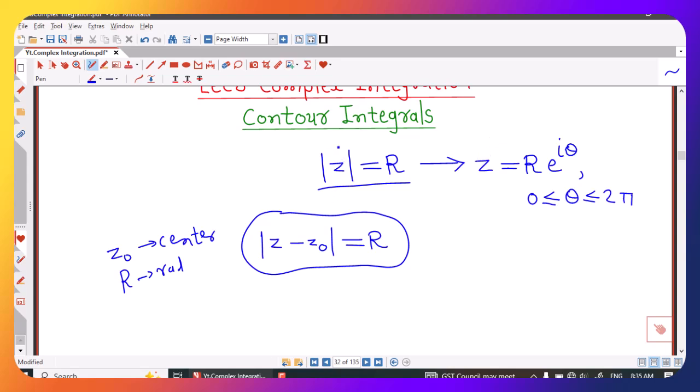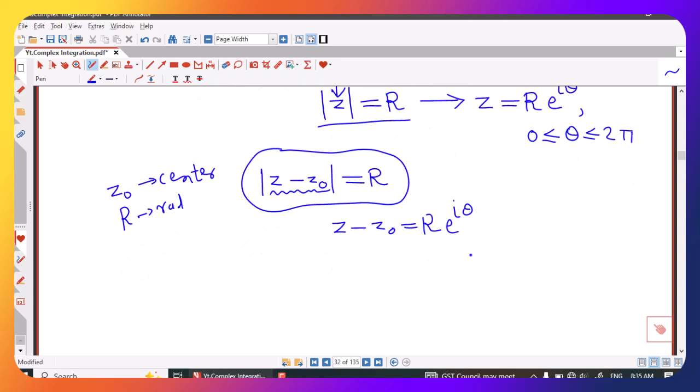Here if we have absolute value of z equal to r, then we write z equal to r e raised to I theta. Here instead of z we have z minus z0, so we will consider z minus z0 equal to r into e raised to I theta, and therefore z becomes z0 plus r into e raised to I theta, and theta is in between 0 and 2 pi.